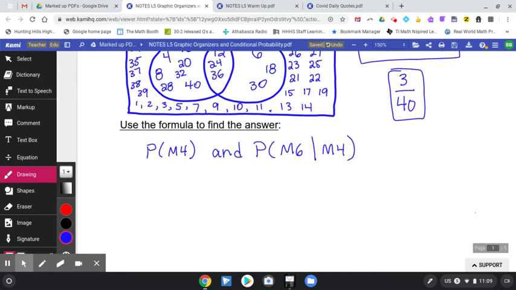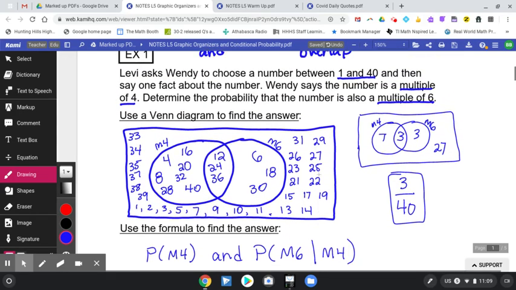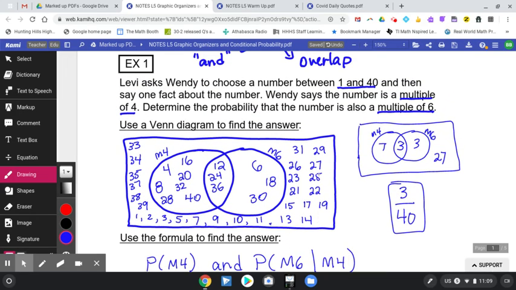I'm going to pick the first number, the probability that it's a multiple of 4. Now, even to figure out this fraction, it's so nice that we actually have this Venn diagram. Without this Venn diagram, even the formula part would be hard to do.